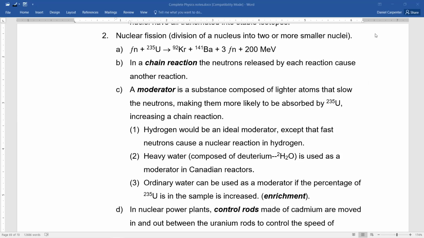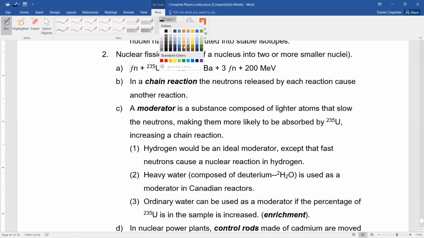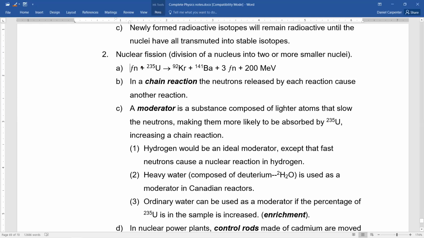So, nuclear fission and chain reactions. You see this reaction equation right here. You see this reaction, and it's got this on both sides.